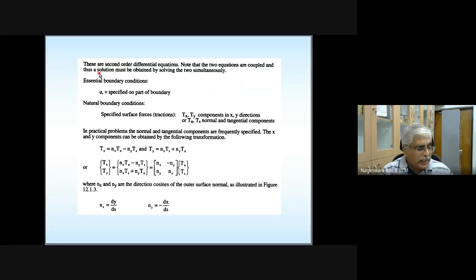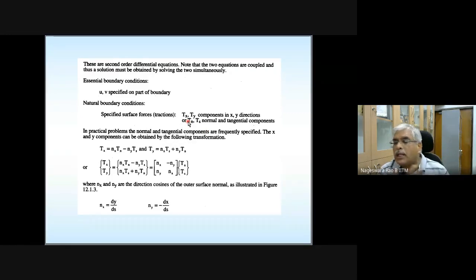Okay, so let's read this. These are second order differential equations. Note that the two equations are coupled and the solution must be obtained by solving the two simultaneously. Essential boundary conditions are displacement boundary conditions, U and V specified, and natural boundary conditions are derivatives of U and V specified. But we usually specify the forces.